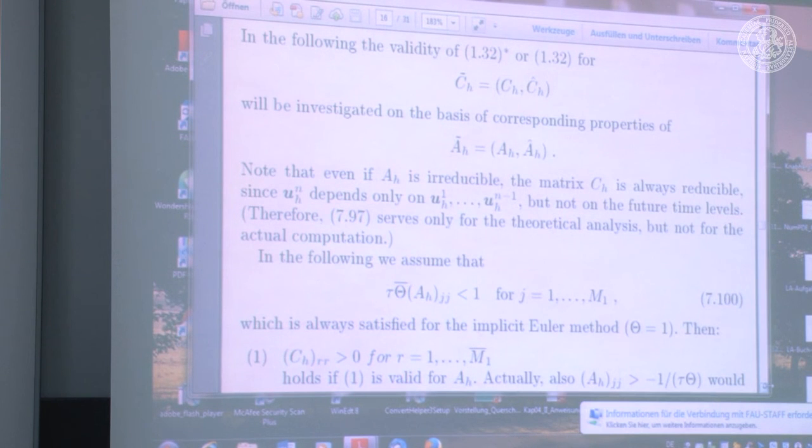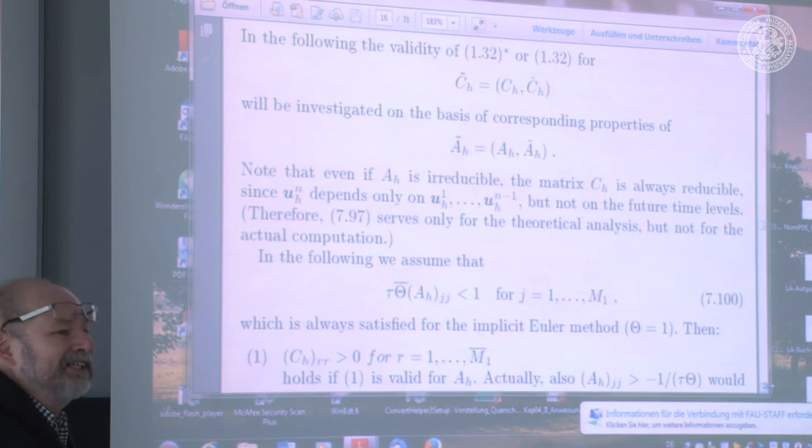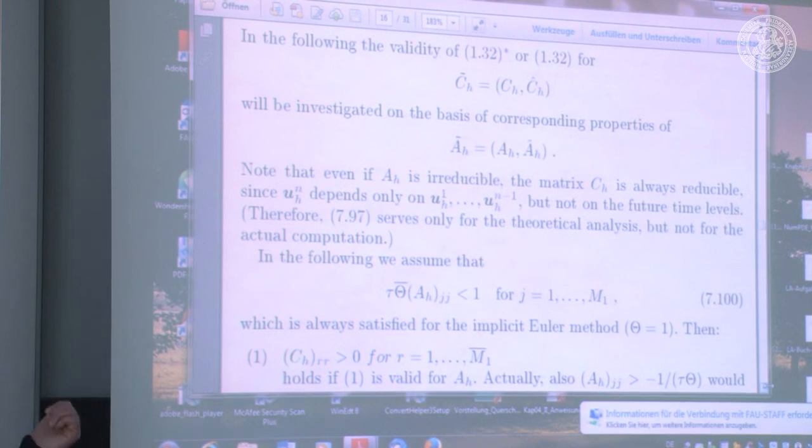What does this mean for the implicit Euler method? It doesn't mean anything, it's no requirement. It says 0 less than 1, which should be correct.